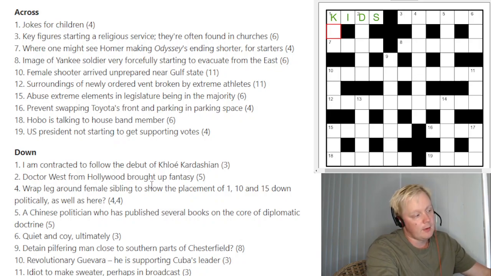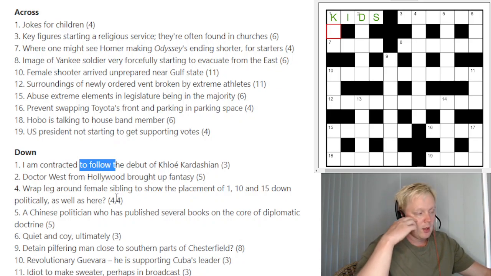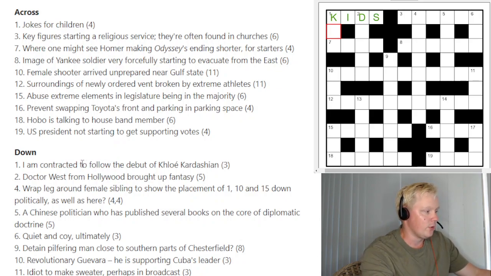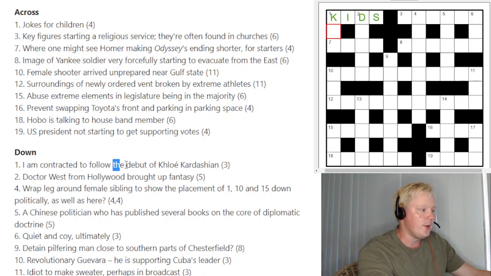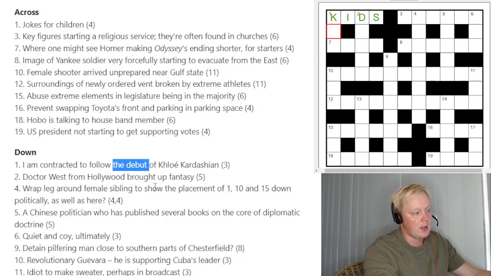Now, if we look at words that might be indicators here, well, anything that gives you sort of direction or ordering, that's very likely to be wordplay. So to follow something, to follow another thing. Something is after the other thing. And the debut here, debut is one of the many words that can mean the start of a word. So the starting letter of Chloe would be debut of Chloe.